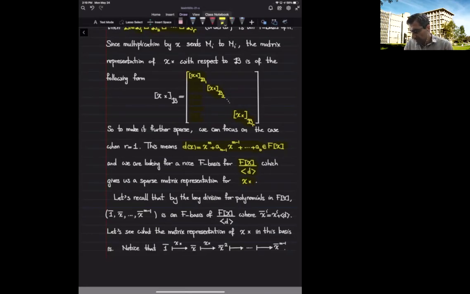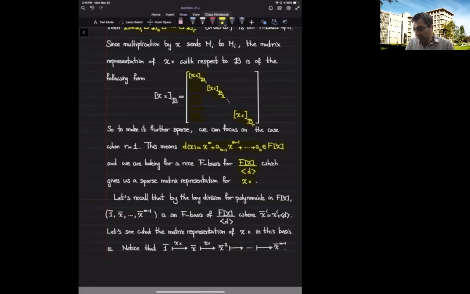Okay, but this kind of quotient, we have already seen a basis for it. We know that the dimension of this is precisely the degree of the generator of the denominator. And the way that we proved it was using long division and the fact that the remainder is unique.